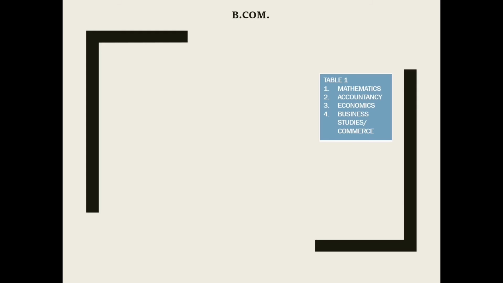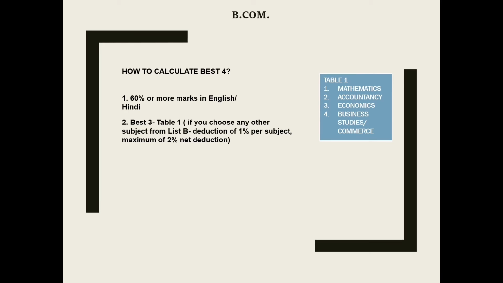So you must take a note of table 1. You can write down the 4 subjects, or maybe you can take a screenshot, whatever is convenient for you. So coming back to the calculation, we'll take our marks in English or Hindi, and your marks should be 60% or more than that. Then you make a combination of 3 subjects using table 1.